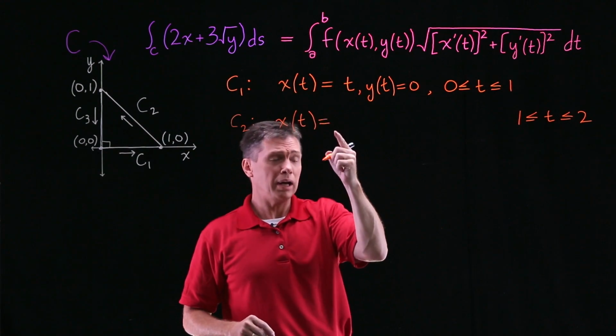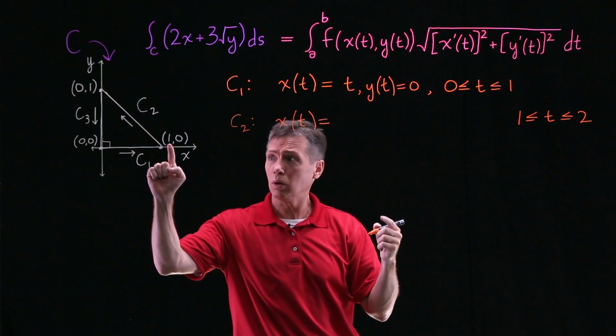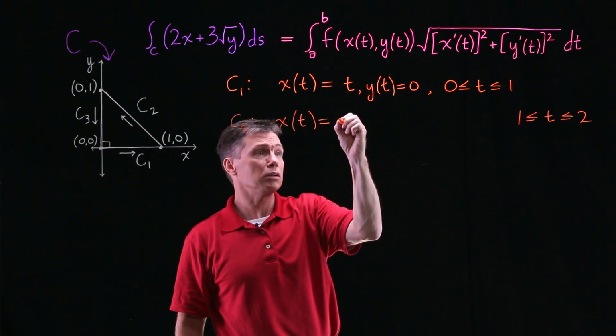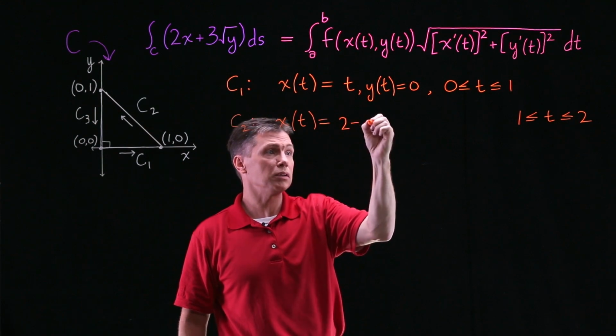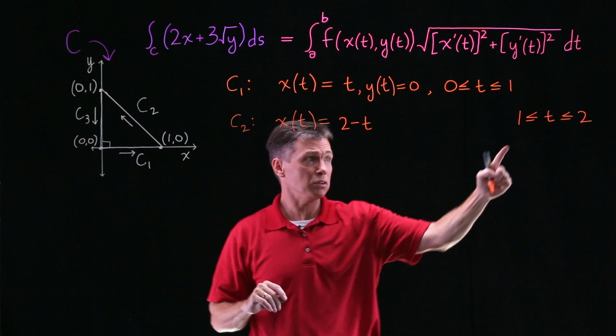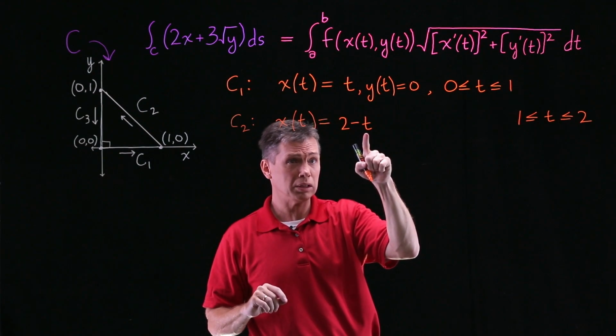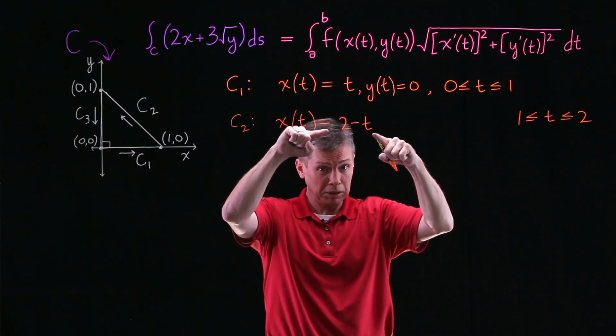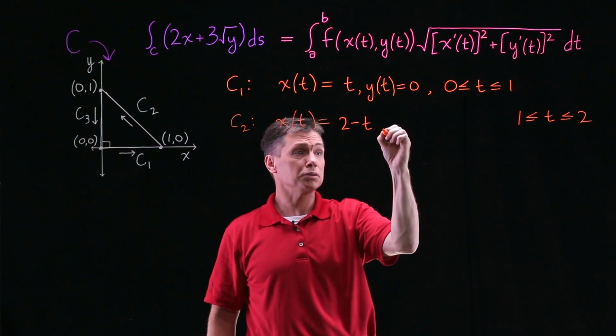All right, now in order for my x to start at 1 and then go down to 0, I'm thinking about 2 minus t. Make sure that makes sense to you. When t is 1, I plug it in and I do get 1. When t is 2, I plug it in and I do get 0. So I think that works.